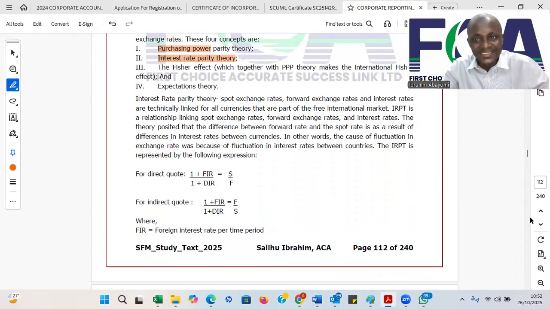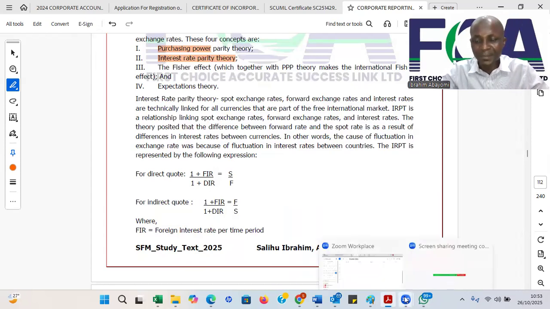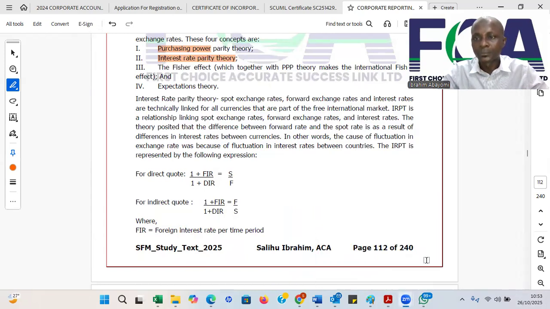Interest rate parity theory is simply saying that if I know the spot rate between two currencies, I know the respective interest rates of the two countries that have those currencies, I can predict the exchange rate for a future period.